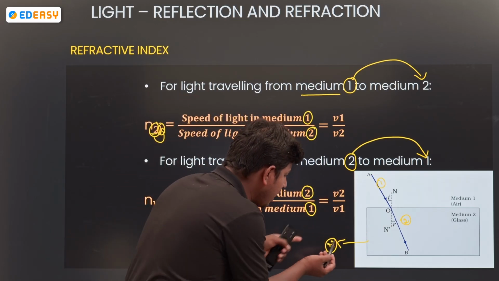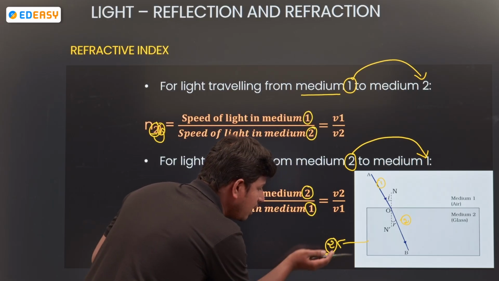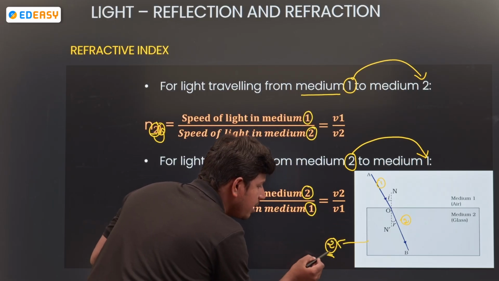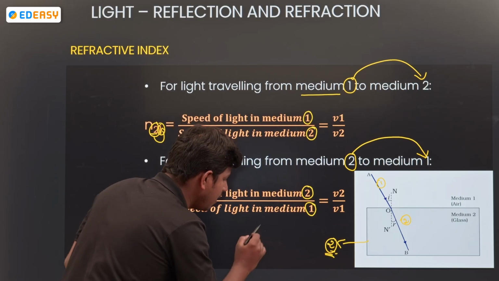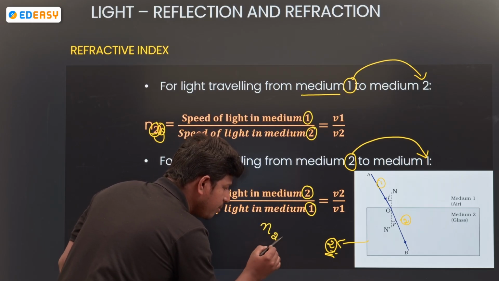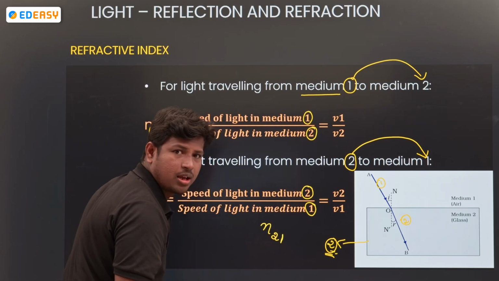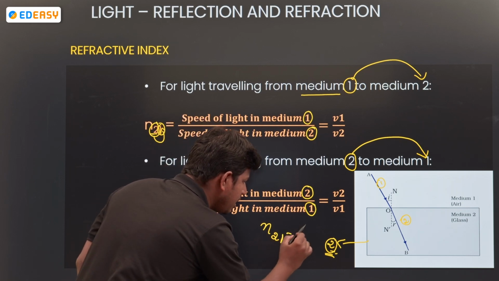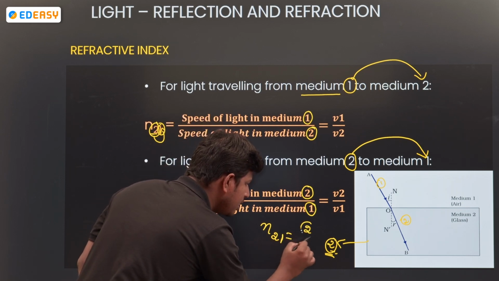If I would like to calculate the refractive index of the second medium with respect to the first, then I will write the refractive index of medium 2 with respect to 1, equal to speed of light in medium 1 divided by speed of light in medium 2. If you take 1 to 2, reverse it, invert it: speed of light in medium 2 divided by speed of light in medium 1.